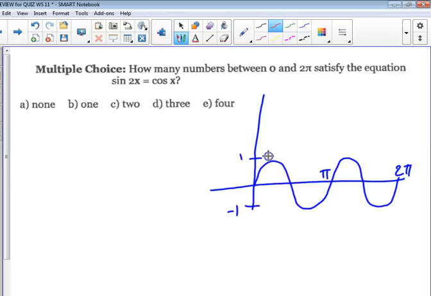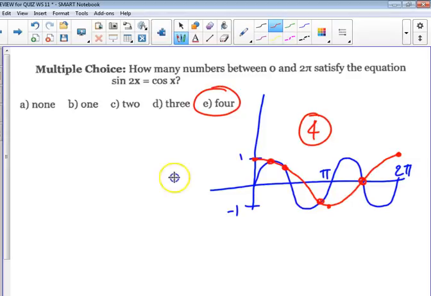And the cosine by 2 pi. I'm thinking 1, 2, 3, 4 intersection points. Is it better on your calculator, but still 4?